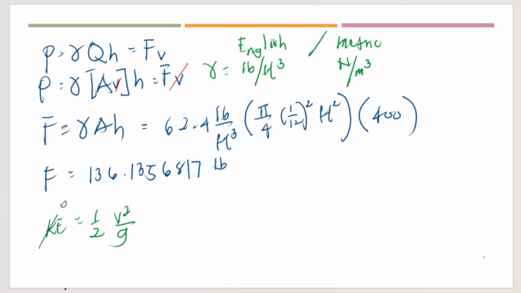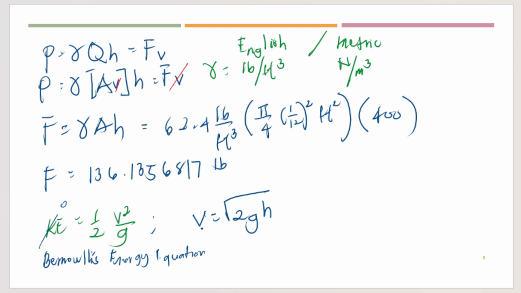This will be equal to 0, parang equating to 0 dahil in equilibrium. Therefore, our velocity coming from the kinetic energy formula, or using the Bernoulli's energy equation, doon din siya galing. So, from Bernoulli's energy equation, doon manggagaling yung equation na gagamitin natin for the velocity. Okay? That will be equal to, velocity is equal to square root of 2gh. Okay? Saan galing? Sa Bernoulli's energy equation.